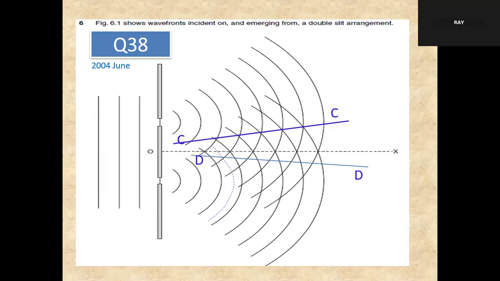But why is it not looking like C? C is maximum meeting maximum, wavefront meeting wavefront, so it's constructive interference. This is destructive interference, DD, all destructive, right? Okay, I get it.